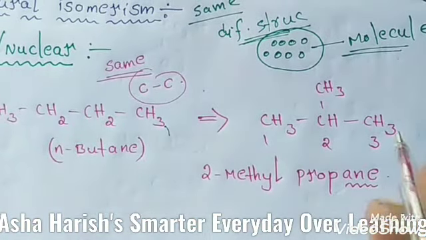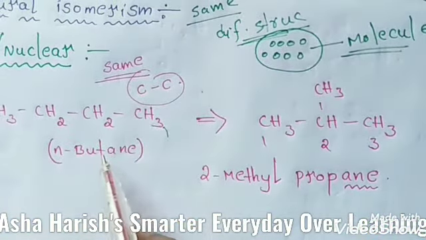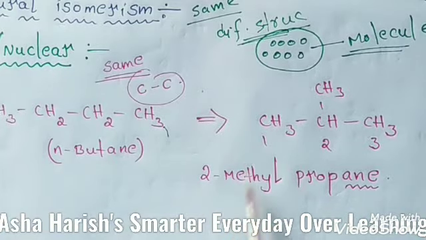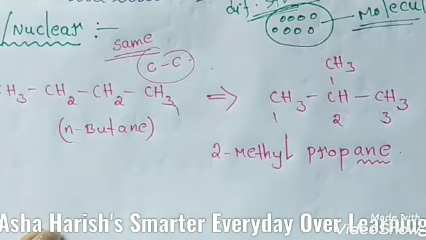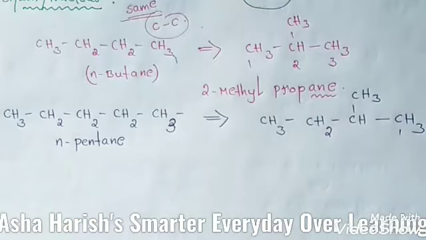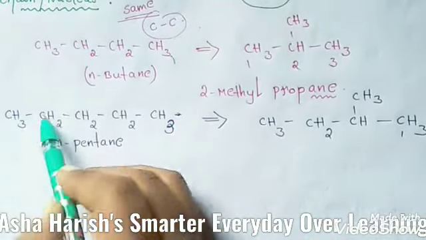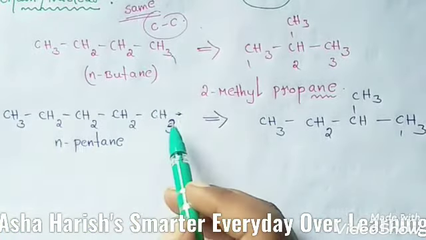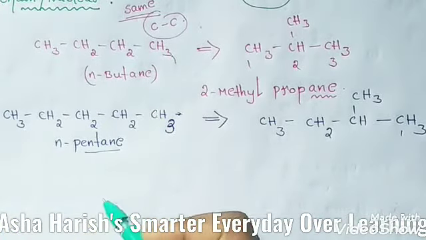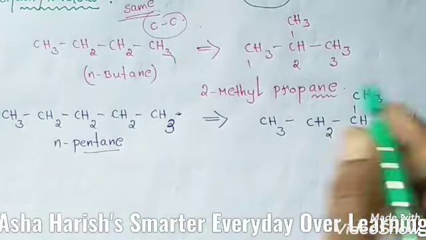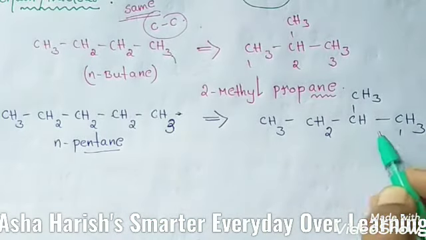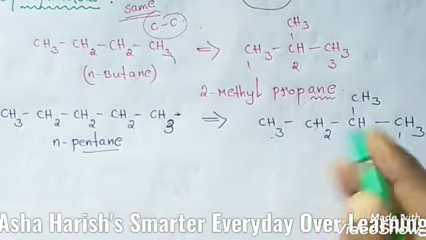Similarly, you have to observe here students, n-pentane and isopentane. I'm going to draw the structure of pentane here. From this n-pentane, here 5 carbon atoms and all single bonds, so this is called pentane. Like this, I have drawn the structure with 1, 2, 3, 4 carbons.